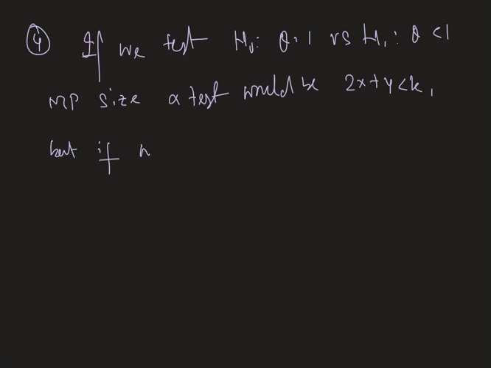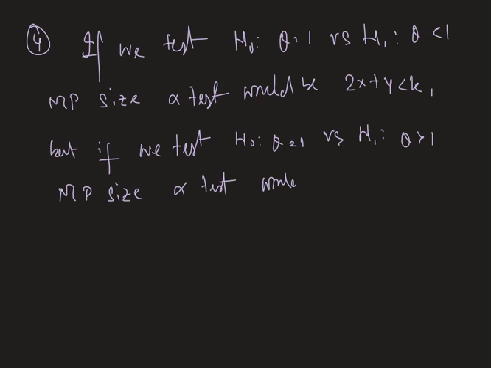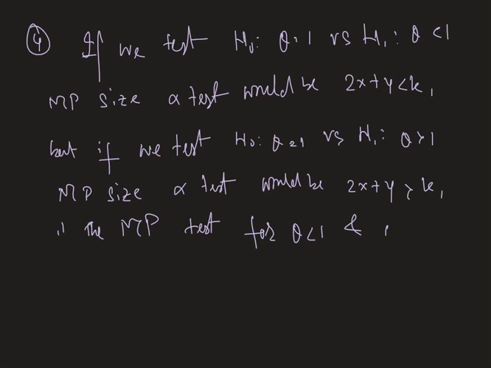But if we test H0 such that theta equals 1 versus the right tail test, then the MP size alpha test will be 2x plus y greater than k1, as the MP tests for theta less than 1 and for theta greater than 1 are different.